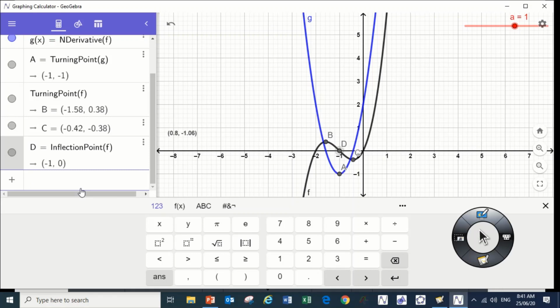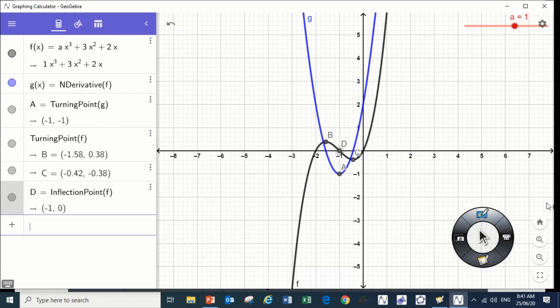Now, by observation, what do you notice in terms of the relation between the two? I'm talking about the x values of the two graphs.